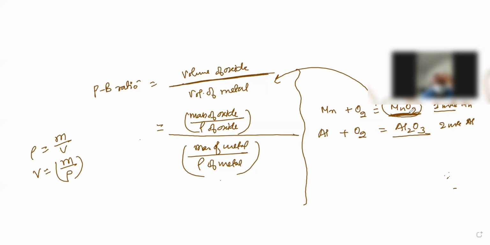Fine, right? So I want to tell you that, see, the mole of metal which is involved in the oxide is divided here while calculating the volume, because in the case of Al2O3, 2 moles of aluminum will be there. In case of MnO2, only 1 mole of manganese will be there.